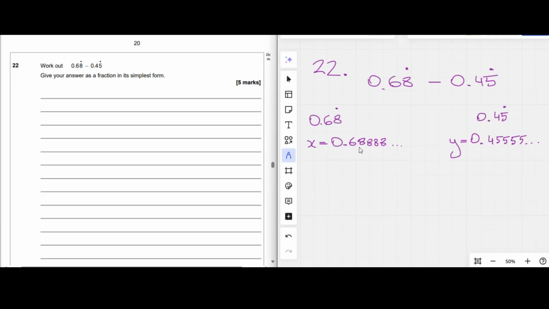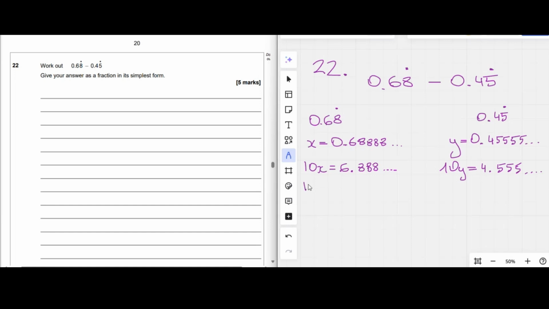Then we are moving the dot. To move the dot, it's just 10 times x. So the dot will be there, 6.8888. And same with y. Then 10y is 4.5555.